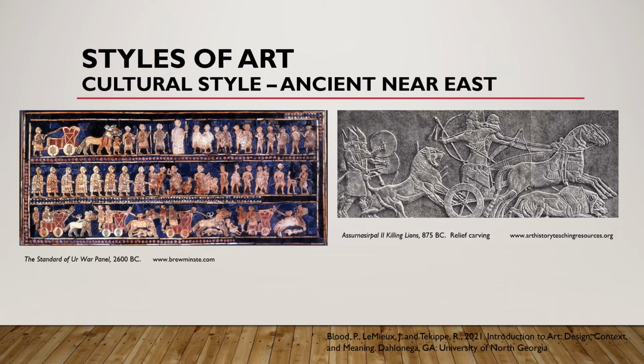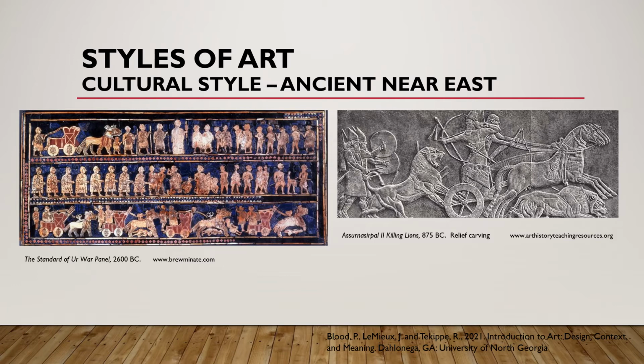Here again, like the early Greek sculpture, figures are very static, very stiff. And we can also see in the standard or war panel that the figures use multiple viewpoints at the same time. So you might see a profile but two eyes. So it's a little bit like seeing some of Picasso's Cubist figures.